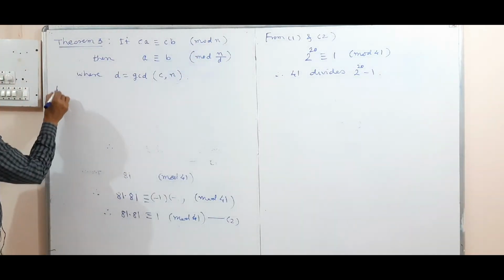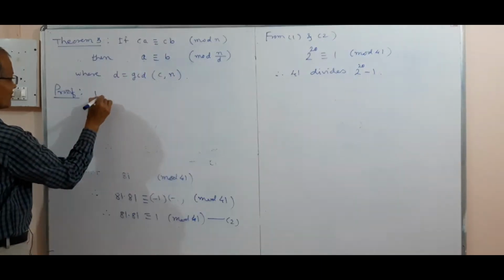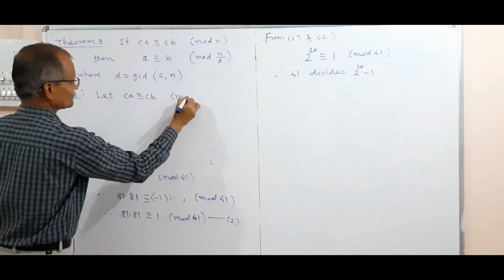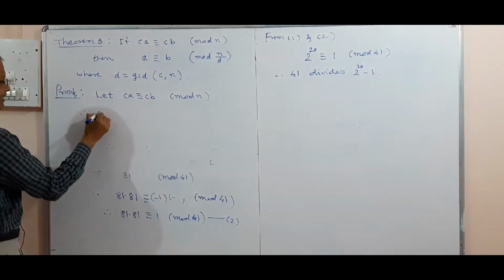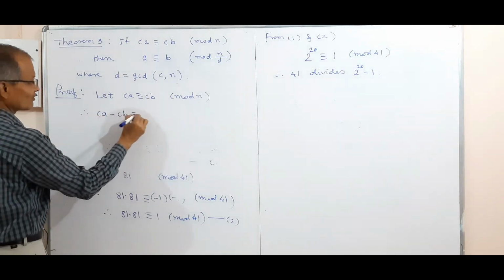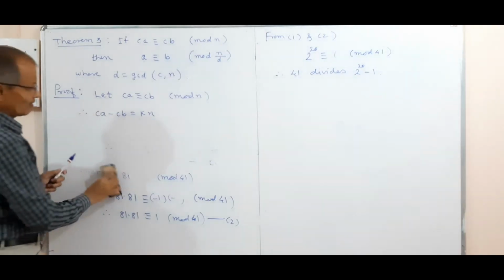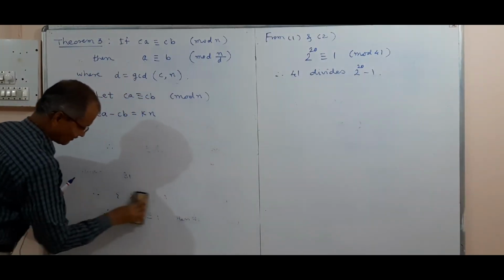Now the proof. We shall start with this given. Let CA be congruent to CB modulo n, and what this implies, therefore, is CA minus CB is equal to some integer k times n by definition, where k is some integer.